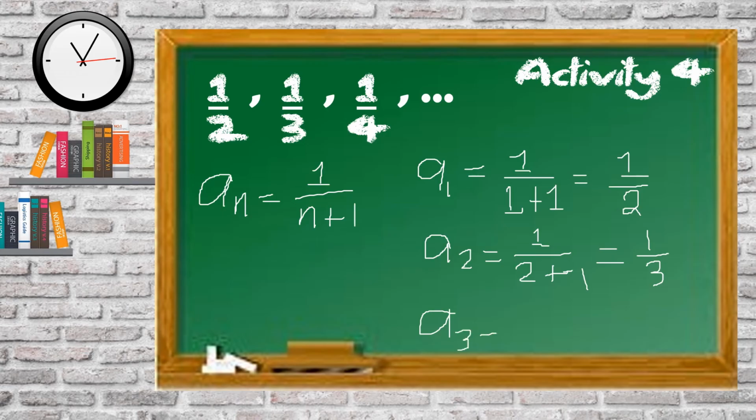A sub 3 equals 1 over, from the equation, ang papalitan na natin na n ay 3. So, we have 3 plus 1 equals 1 over 3 plus 1 ay 4. Tumama ba para sa ating third term? 1/4?